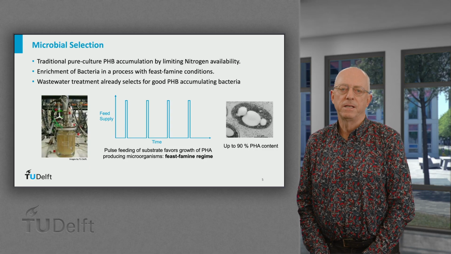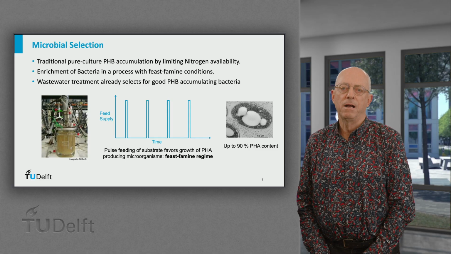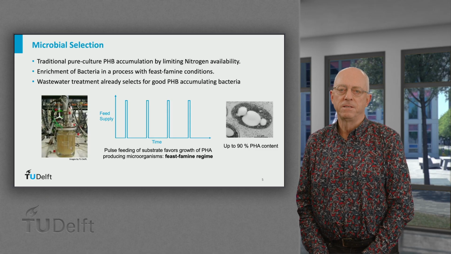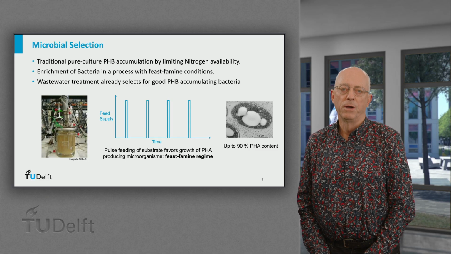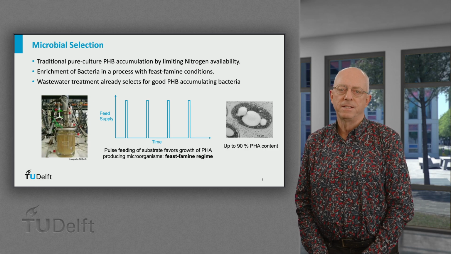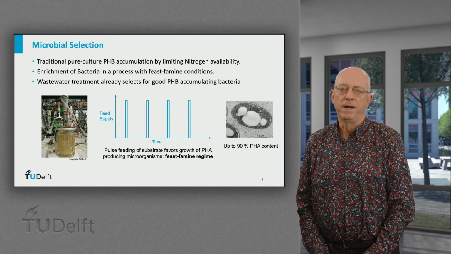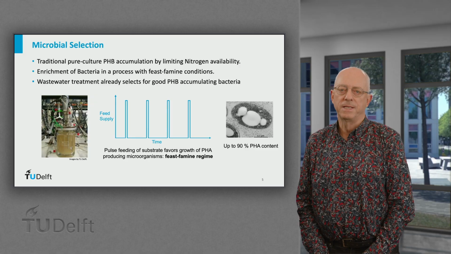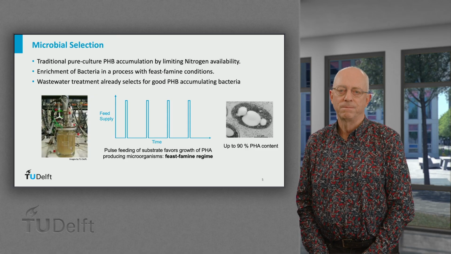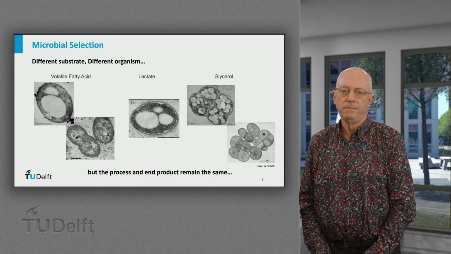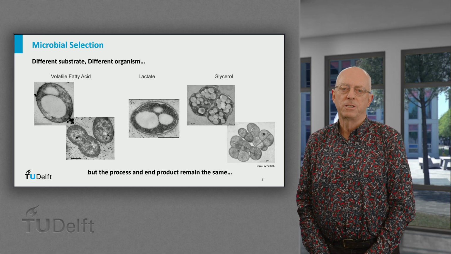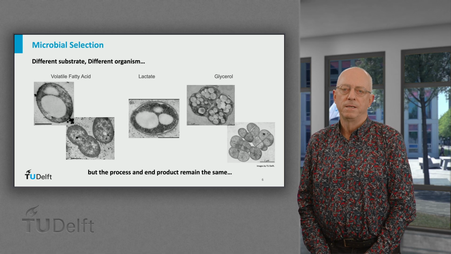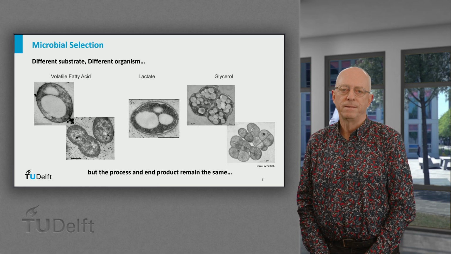Over time, bacteria that don't store PHA are outcompeted, while efficient PHA producers become dominant. Using this approach, we can create a biomass that contains up to 90% PHA by dry weight, a very efficient process. Interestingly, the substrate type determines which bacterial species dominate.